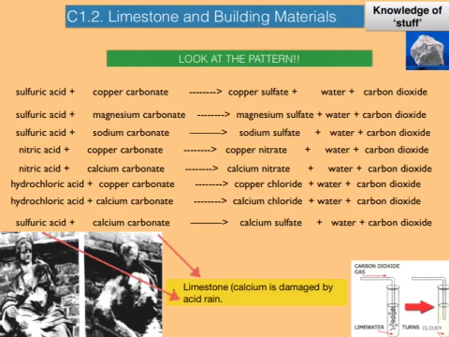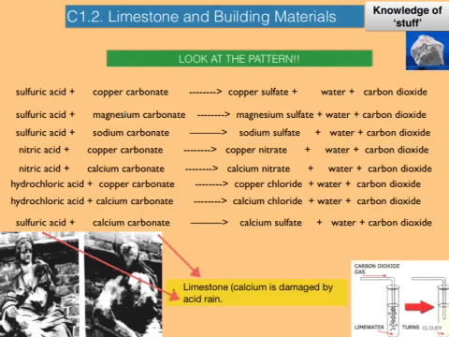Now straight away I'm thinking, for this reaction, the examiners could use this to test your knowledge of how to test for carbon dioxide. So they could say something along the lines of, what is the product when sulfuric acid and copper carbonate react? Or what are the products?